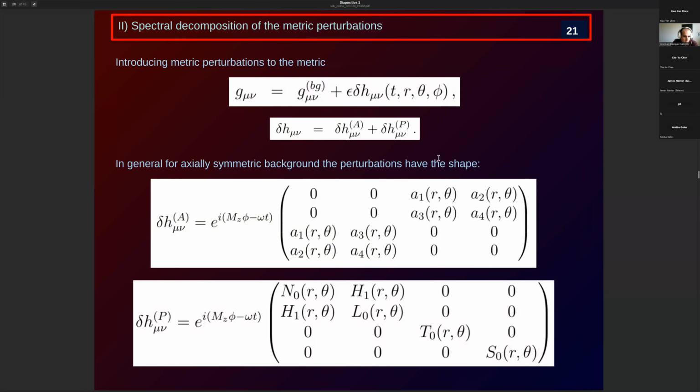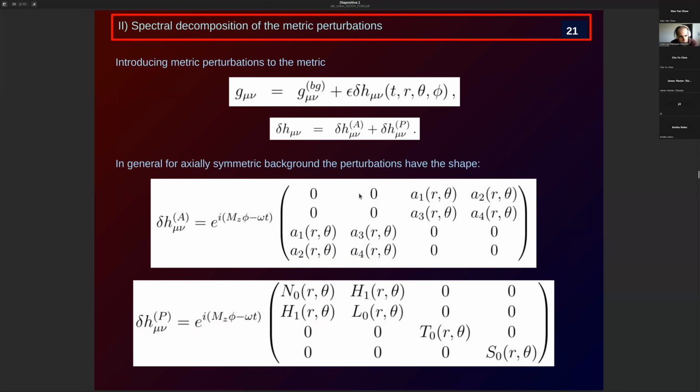Now, what you can do, inspired if you want by what happens in the static case, is that in the static case, because you have spherical symmetry and everything is nice, you can decouple the perturbations with different parity. You can decouple the perturbations that are axial or odd, that behave oddly under parity transformations, and the ones that are even, right? And you can formally say that this perturbation in principle is going to be a sum of these two types of perturbations, but formally they only decouple in the static case.